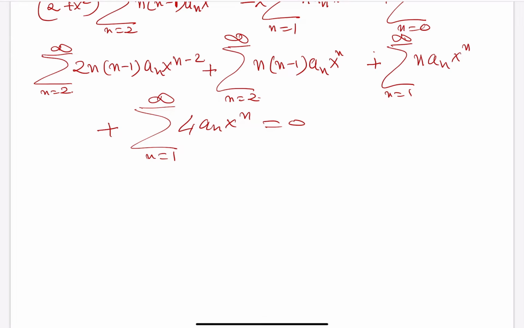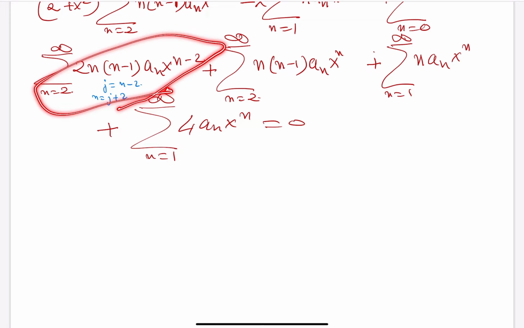Here I can choose j equal to n minus 2. That means n equals j plus 2. This is the first one you can choose from here. For the second one, if you check, you already have x to the n, so this one is fine. This one is also the same, and here also the same. So you don't have to do anything except this one.